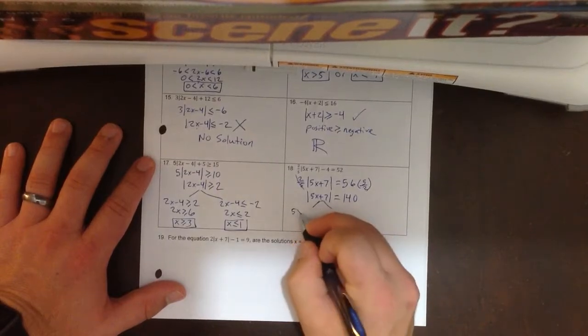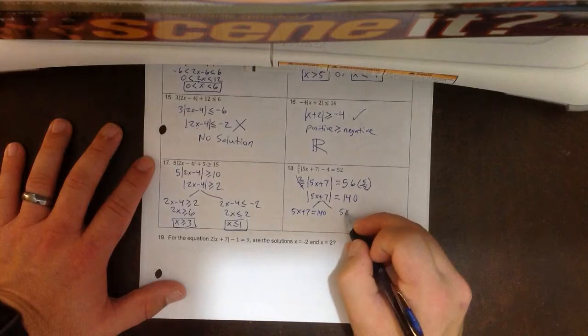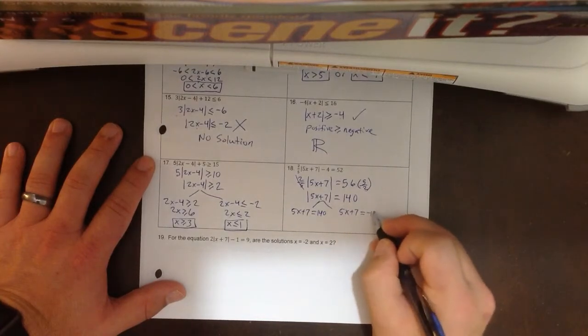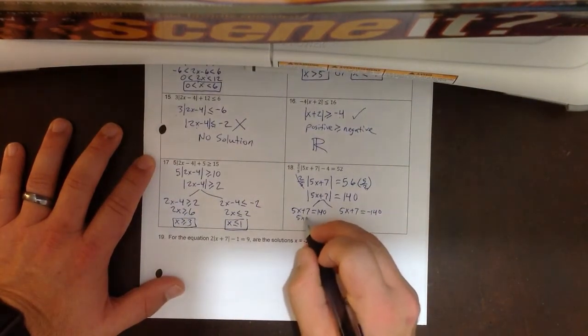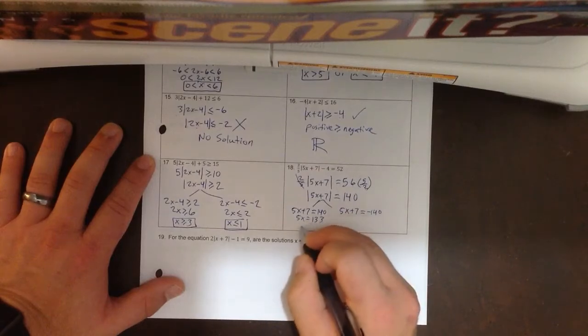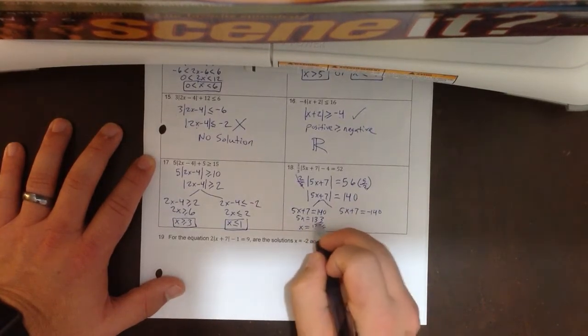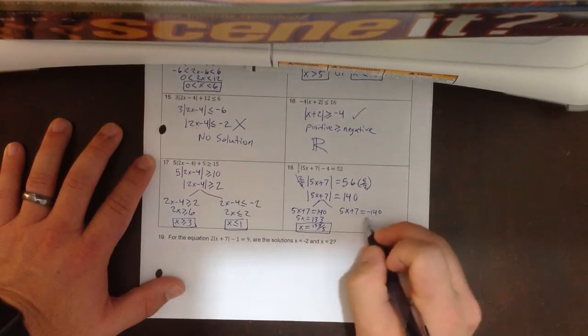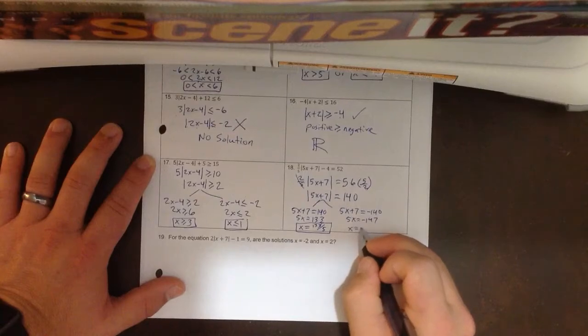So 5x plus 7 is equal to positive 140, and 5x plus 7 is equal to negative 140. We're going to subtract 7 and divide by 5. We're going to subtract 7 and divide by 5.